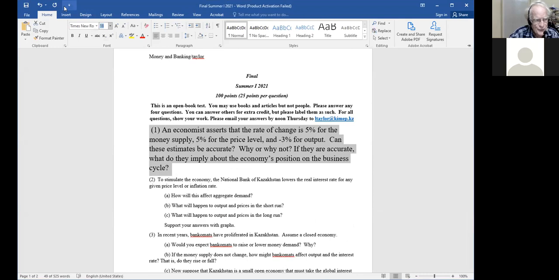So let's look first at the first question that has to do with the equation of exchange. I'm going to go to the whiteboard to discuss it.